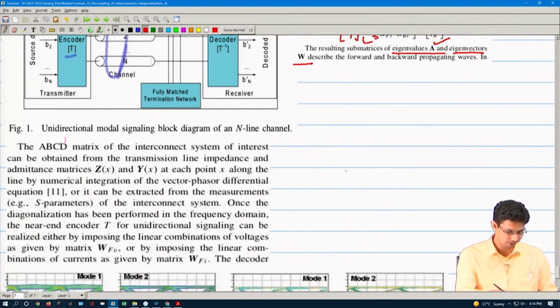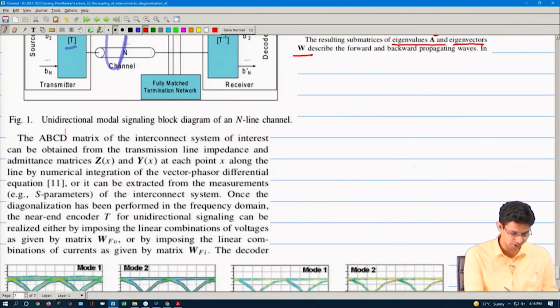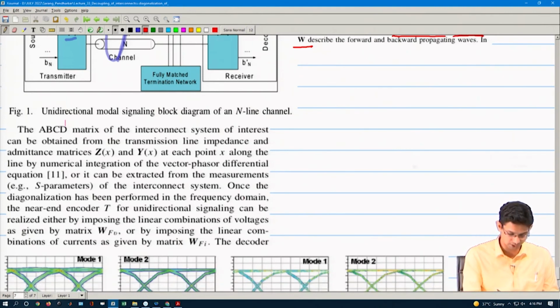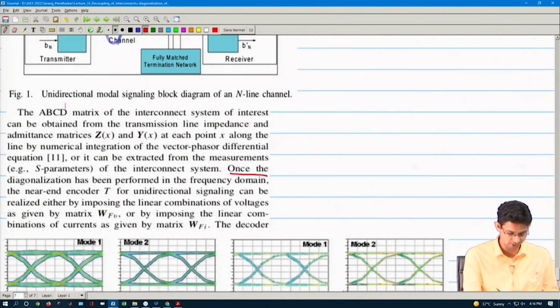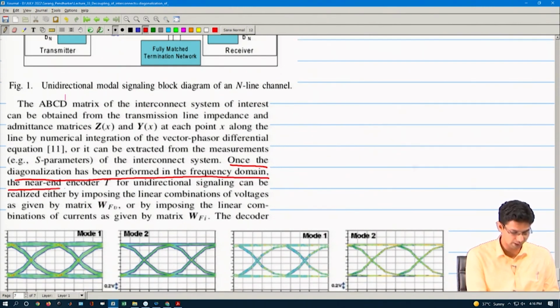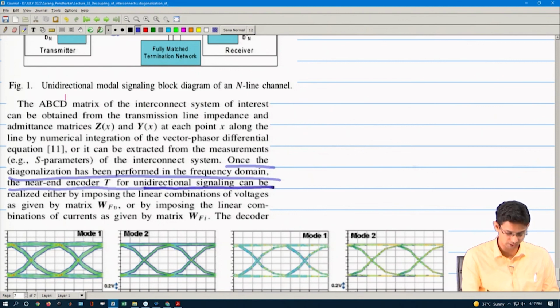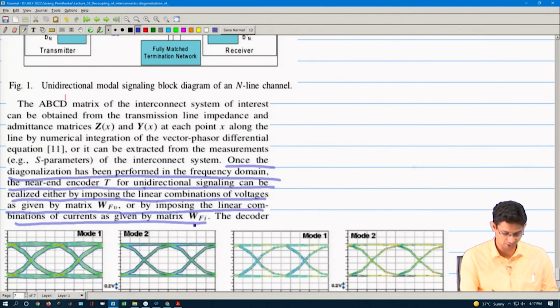Here again, if you go into more detail, there is a statement: once the diagonalization has been performed in the frequency domain, the near end encoder T for unidirectional signaling can be realized by imposing linear combinations of voltages as given by this matrix element, or by imposing linear combination of currents given by a matrix like this.